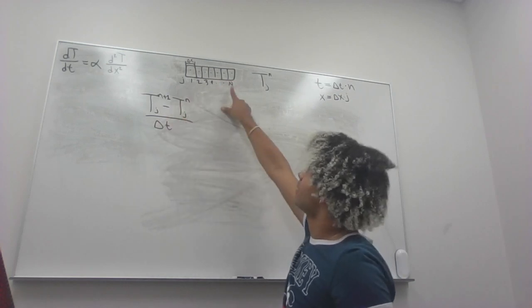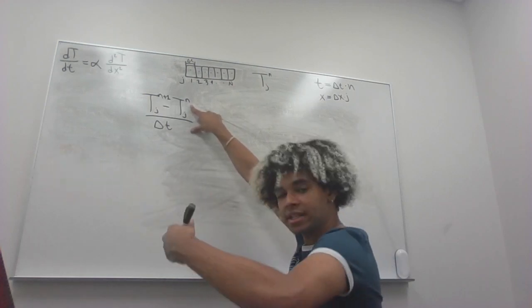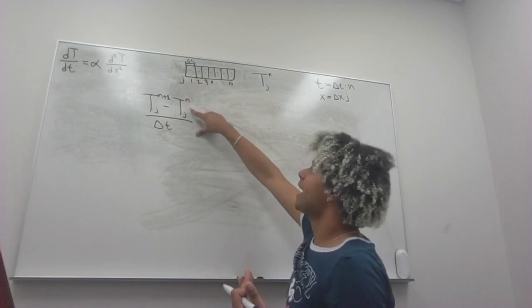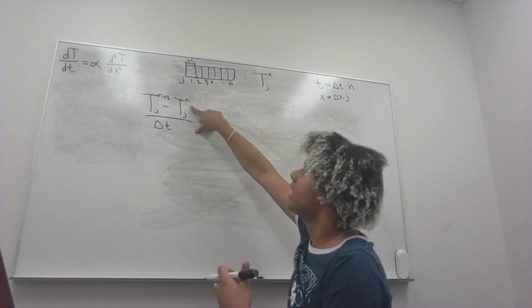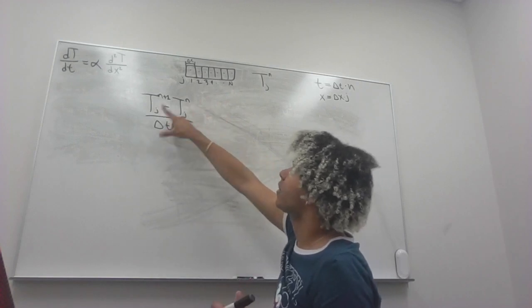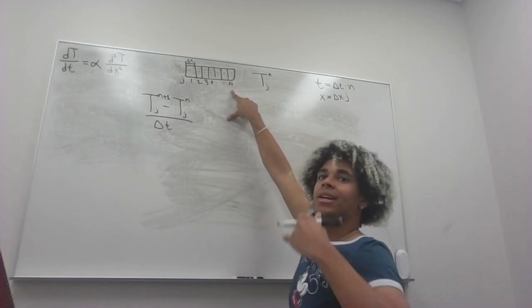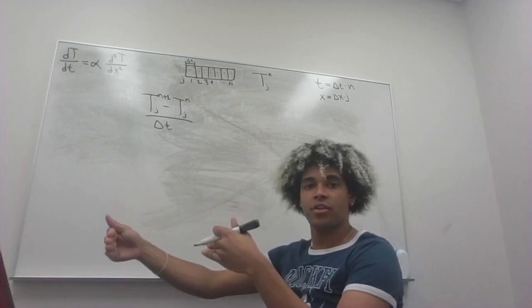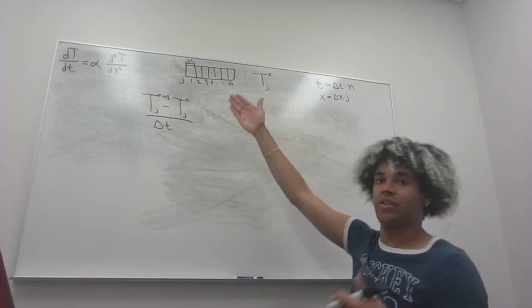From whatever time point we're into looking at this bar, we're looking at the temperature at that specific position at that specific time, and then subtracting that from the same position at that time plus 1. So the time is a little bit further along, but it's still the same temperature at the same place of the bar.